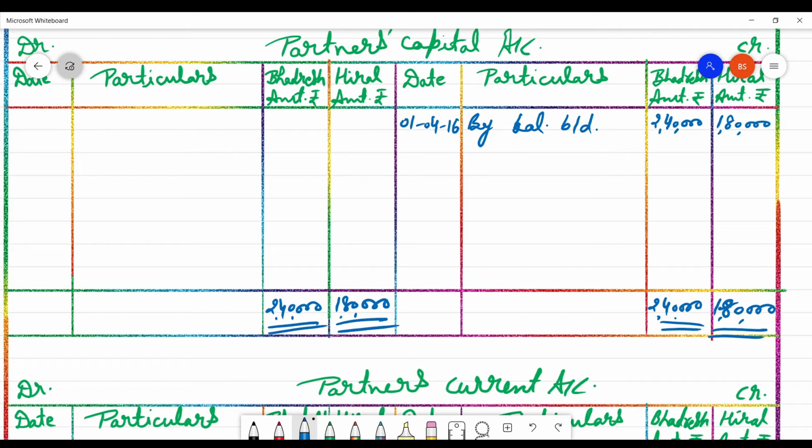Here there is no amount on the debit side, so the full total is transferred to balance carried down. It is the closing balance of capital. 2,40,000 difference, and here the difference is 1,80,000.